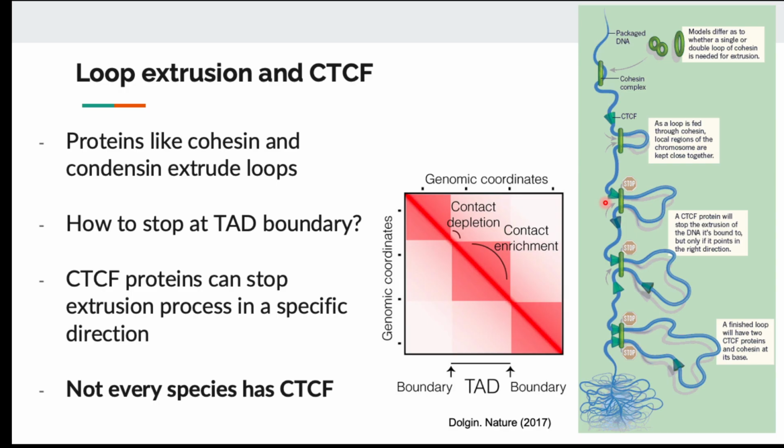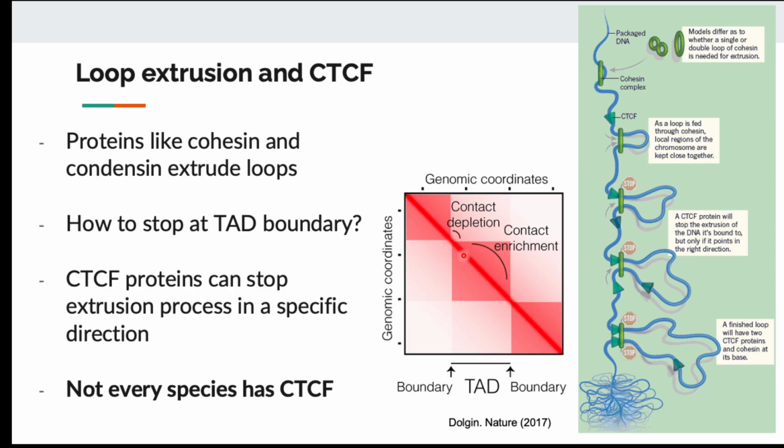So CTCF will stop the movement of the protein, in this case condensin and cohesin. And this is why you get a stable boundary for the TAD, because CTCF basically says that you cannot move further than this position.